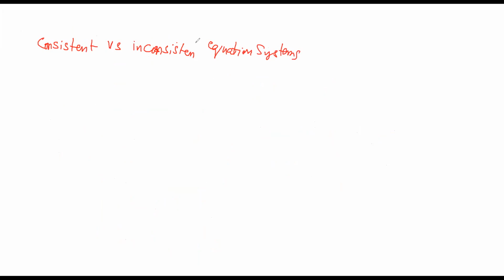Okay, what is the inconsistent system? The inconsistent system is like that. So for example, we are talking about the linear system. The linear systems of equations, for example, in two variables, we can represent in the form of lines.